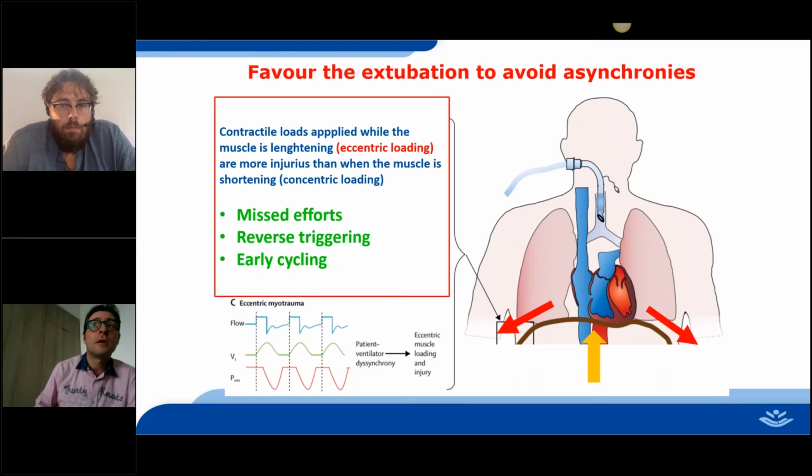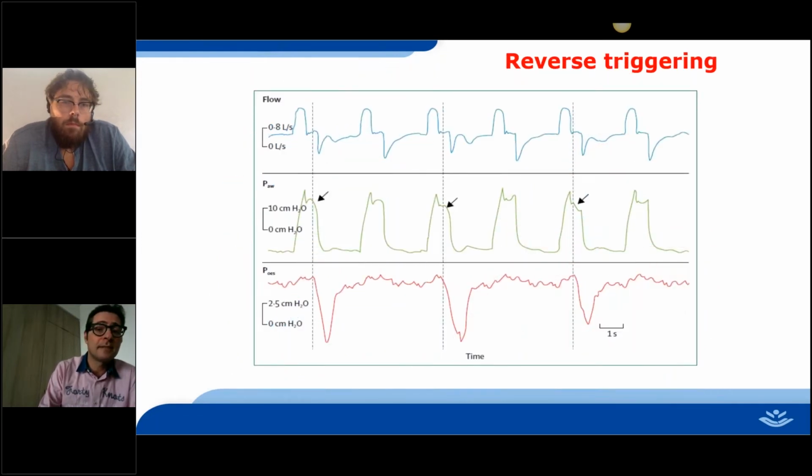Just consider also other kinds of asynchrony that we can have when our patient is mechanically ventilated, like missed effort and reverse triggering. We can have a sort of contractile load applied when the muscle is lengthening, so in the expiratory phase of our breath, and this is more injurious than the contraction during the inspiratory phase. This has been shown also in children, because reverse triggering is also feasible, and it occurs also in children, and it's something that we want to avoid.